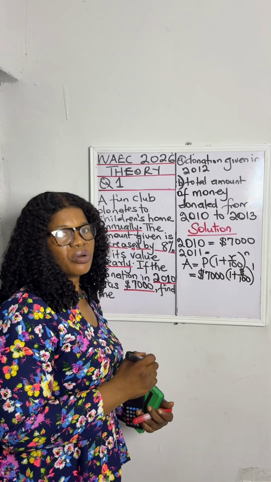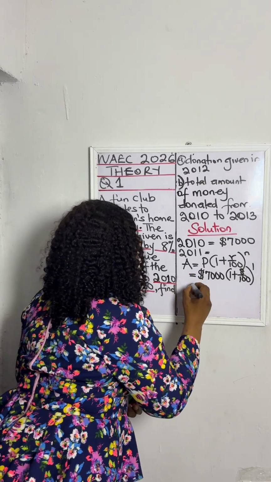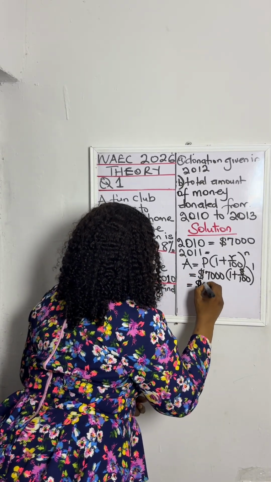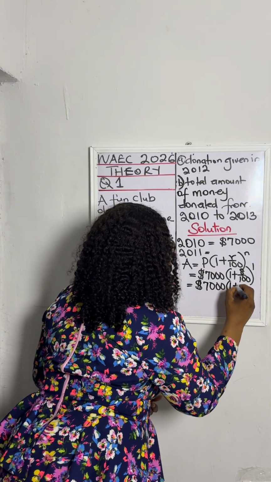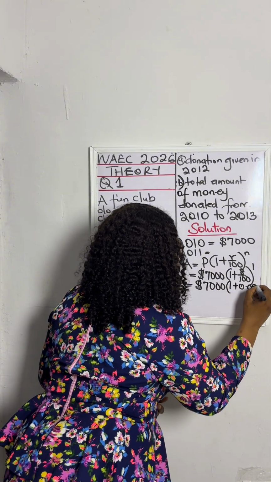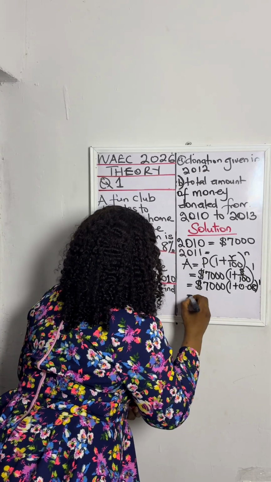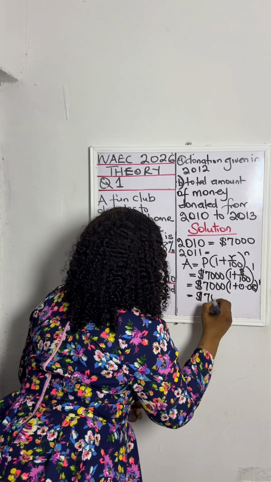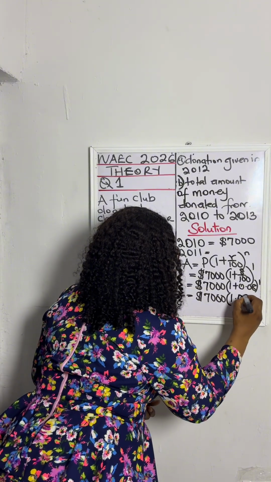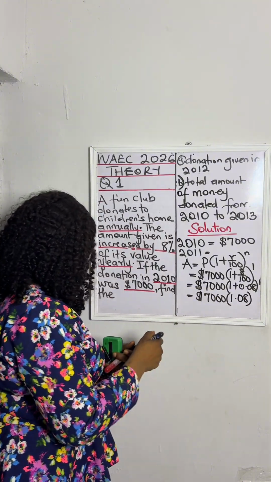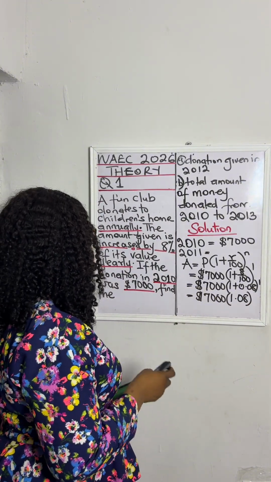We know that 8 over 100 is 0.08. That is $7,000 open bracket 1 plus 0.08 raised to the power 1. This is $7,000 times 1.08. At this juncture, I'll be punching the calculator to get our value.